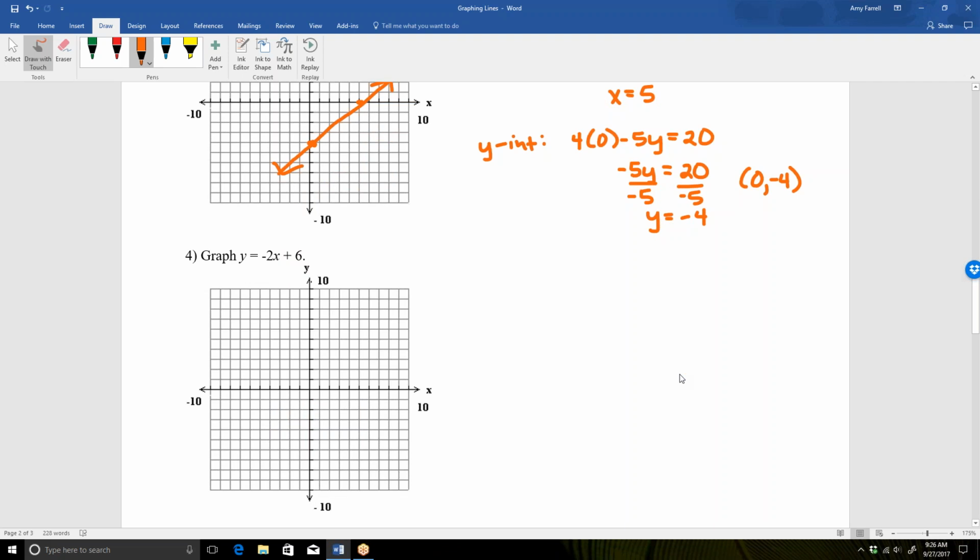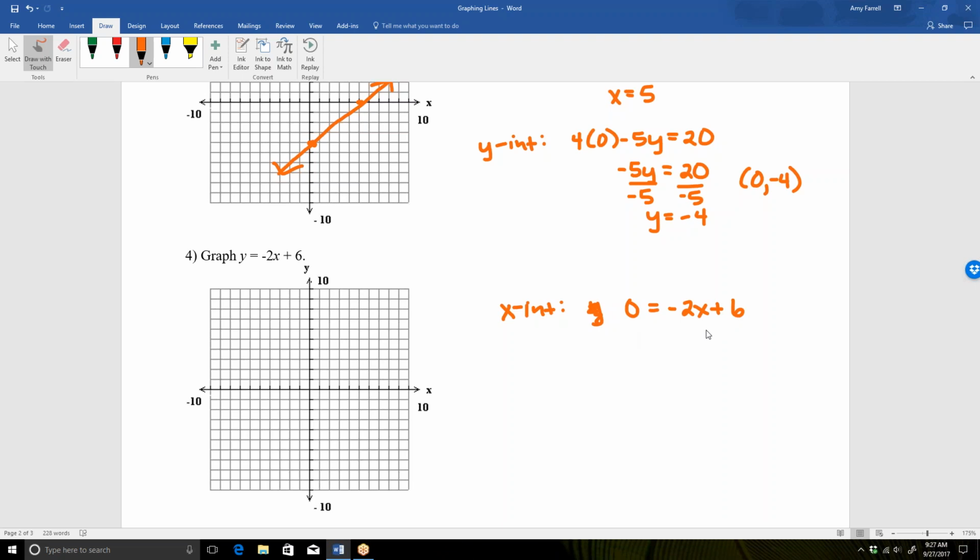All right, let's do another one where we find the intercepts. First, let me find the x-intercept. I'm going to plug in 0 for y. Sorry about that. I'll just cross that out. Okay, so 0 equals -2x plus 6.